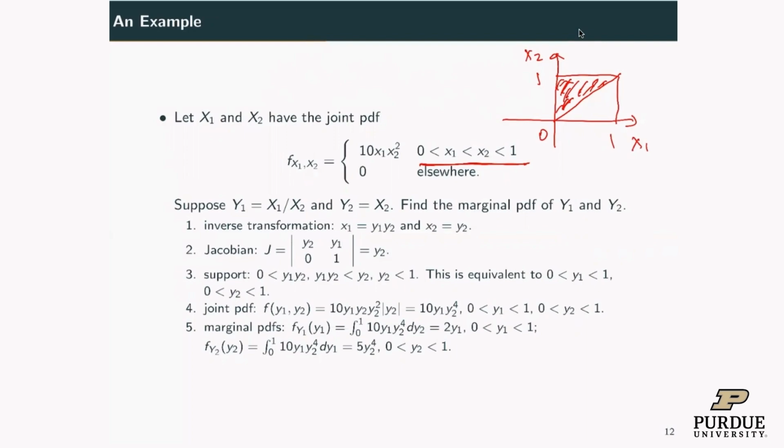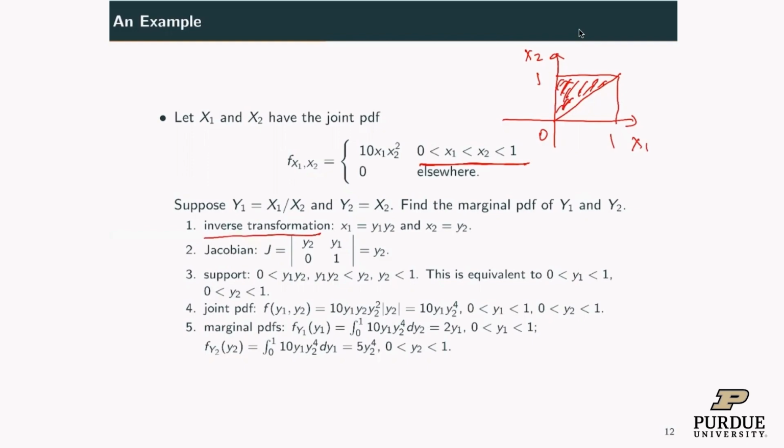Now I define the transformation. Y1 is X1/X2. Y2 is X2. So the problem is, can you tell me what's the marginal PDF for Y1 or Y2? The marginal distribution. So let's go through 5 steps. The first step, let's get the inverse transformation.